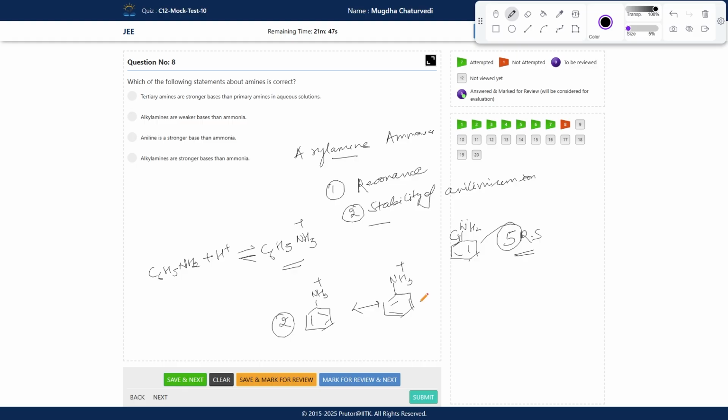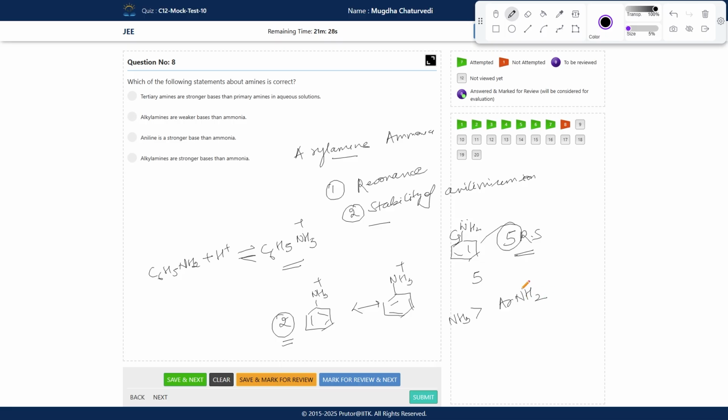The greater the number of resonating structures, the greater the stability. So aniline is more stable than the anilinium ion, because aniline has 5 resonating structures and the anilinium ion has 2. Therefore ammonia is more basic than aryl amines.